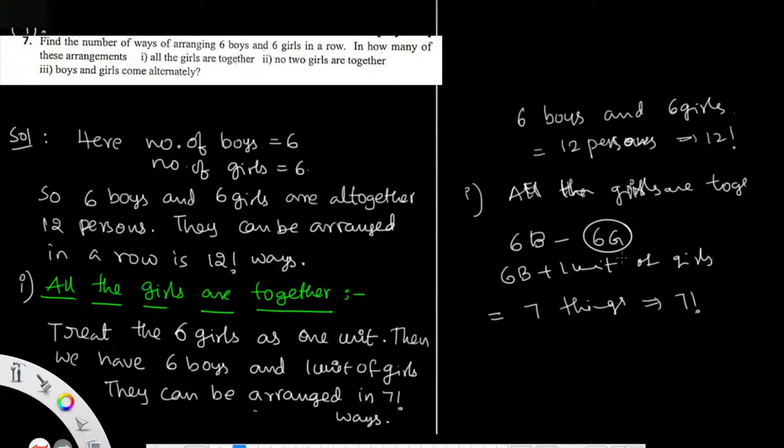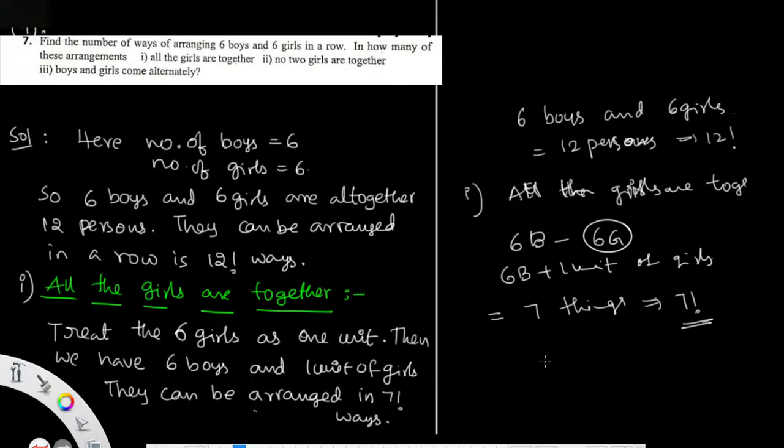All girls are together means it should always be in the form of 1 unit. So treat the 6 girls as 1 unit. The remaining are 6 boys plus 1 unit of girls, so the total becomes 7 things. These 7 things can be arranged in 7 factorial ways. And then the internal arrangement of the girls should also occur.